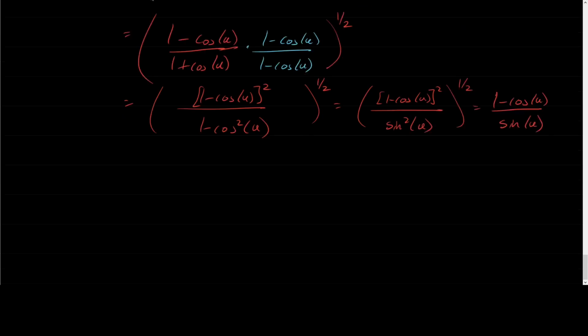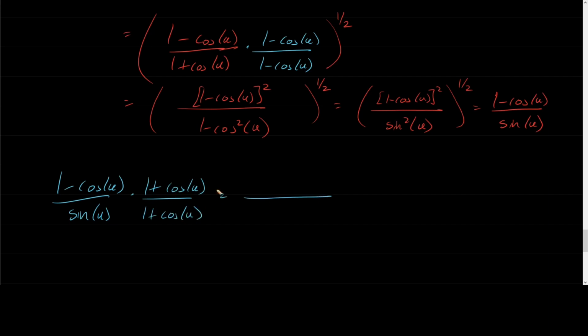Now, how do we turn that into the other one? Well, if I've got 1 minus cosine over sine, then I multiply this by 1, the conjugate of the numerator, 1 plus cosine over 1 plus cosine. Notice that the bottom, I just leave it as sine times 1 plus cosine. The top, I've got the product of conjugates. The product of conjugates is the difference of squares.